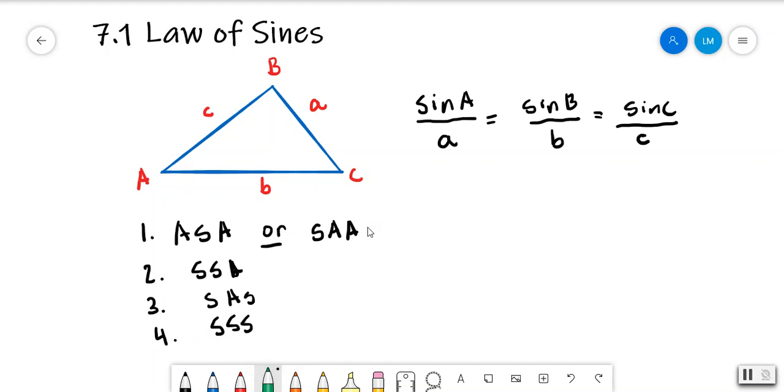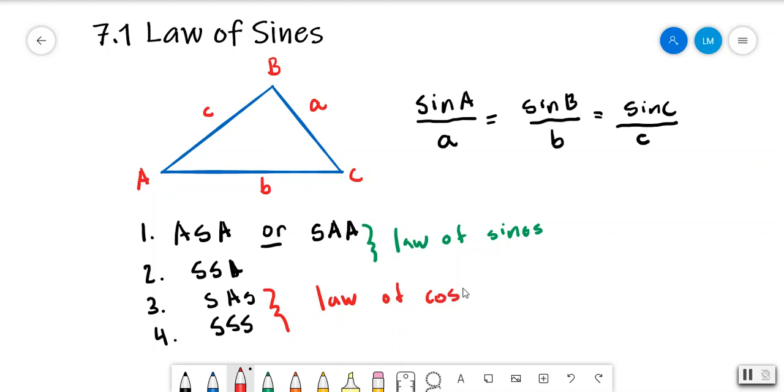Now, the first two use the law of sines. The other two, the side-angle-side and the side-side-side, will require the law of cosines.